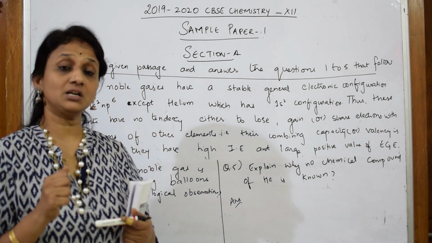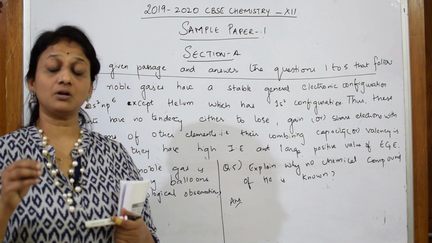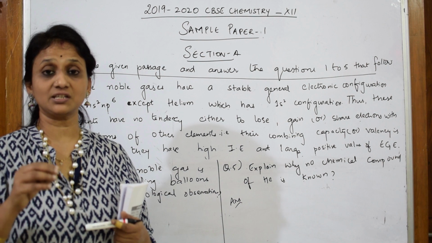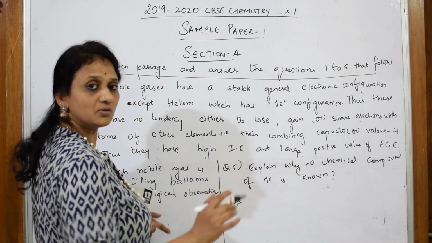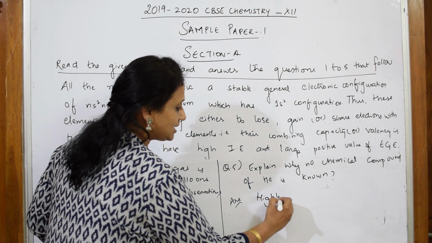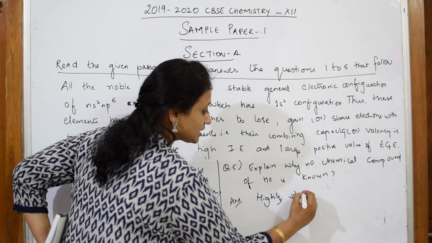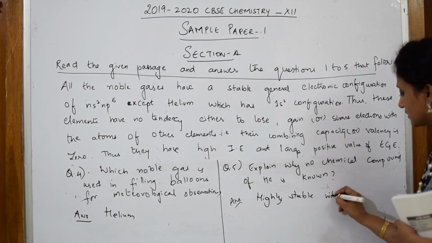So what is the name given to that? The amount of energy required to remove the outermost electron from the valence shell is nothing but ionization energy. That is the concept. When they say no compound is formed, the first thing you need to write is highly stable. Which stable? Highly stable with which configuration? With duplet configuration.